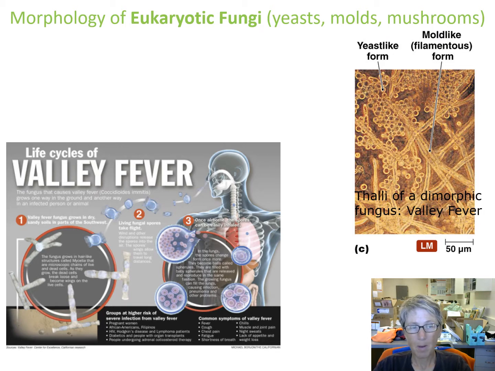So here's a little bit more about valley fever. It shows the life cycle of valley fever. The fungus that causes valley fever, as we said, is Coccidioides immitis. It grows in the ground, and then it shows in this cartoon, you can inhale the fungus through your nasal passage, and then it can get into your lungs, and then from the lungs it could get into your bloodstream and cause valley fever.